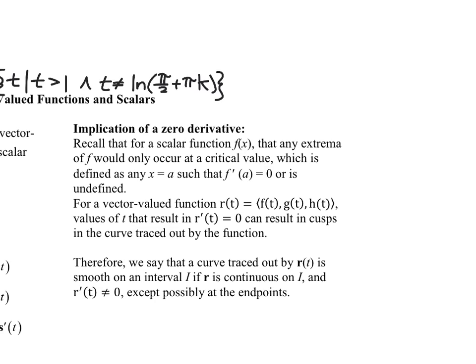All right? We also say that a curve traced out by r of t is smooth on an interval if r is continuous and r prime of t is not equal to zero, except possibly at the endpoints. I'll address that possibly at the endpoints down the line. But it's kind of the opposite of what you would expect in function-based calculus.